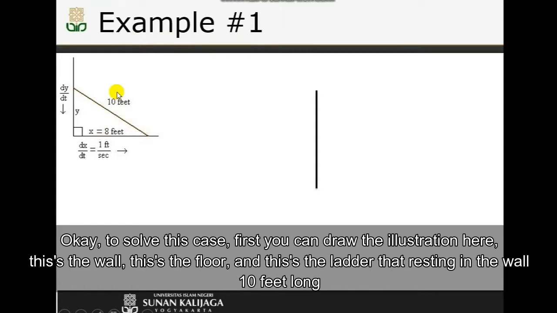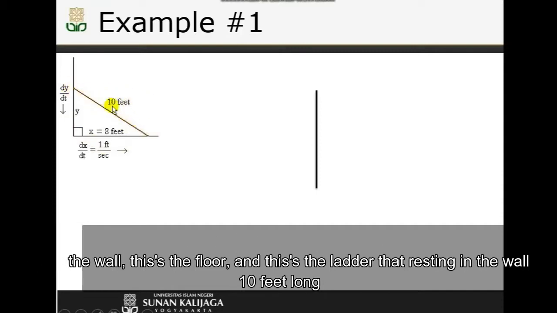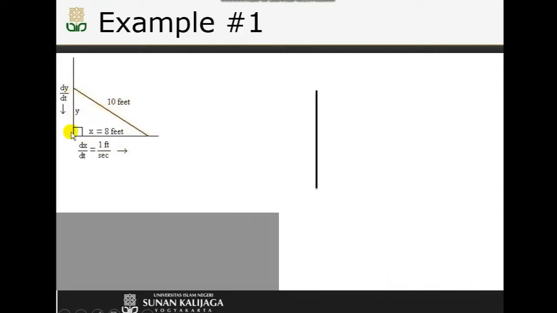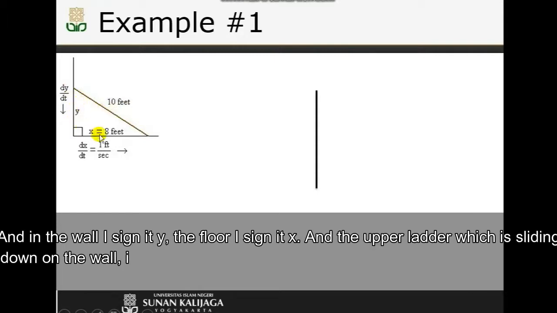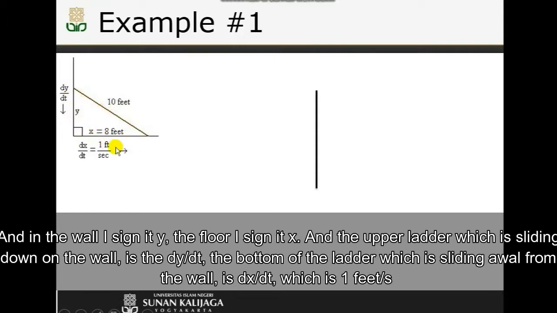To solve this case, first you can draw the illustration here. This is the wall, this is the floor, and this is the ladder which is resting on the wall, 10 feet long. On the wall, I label it y, and the floor I label it x.